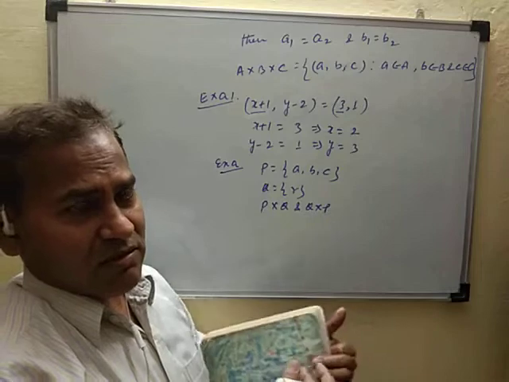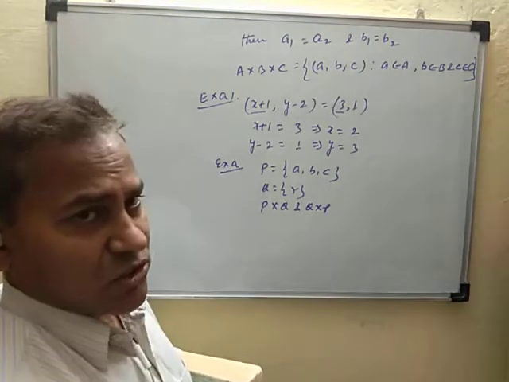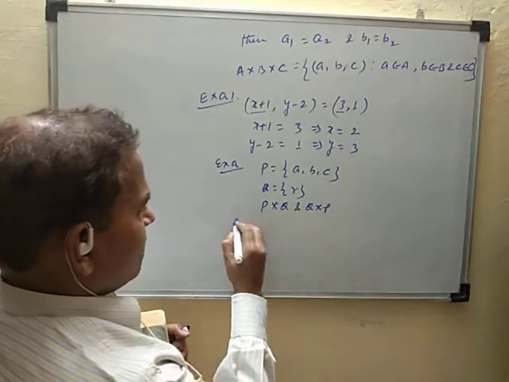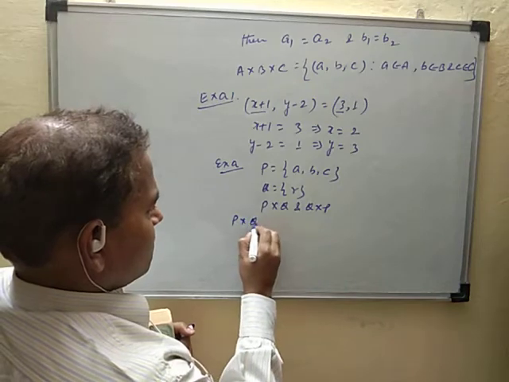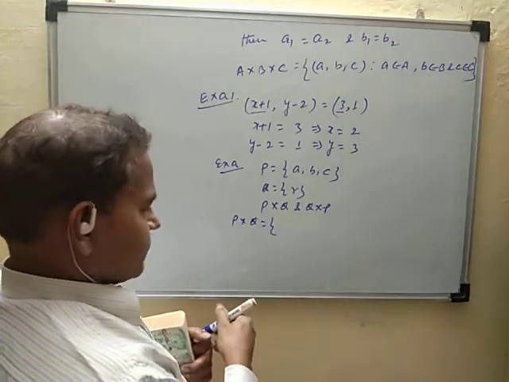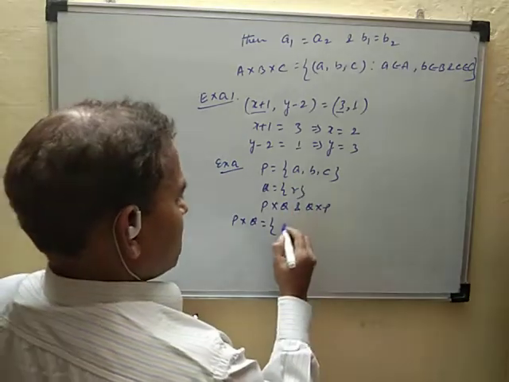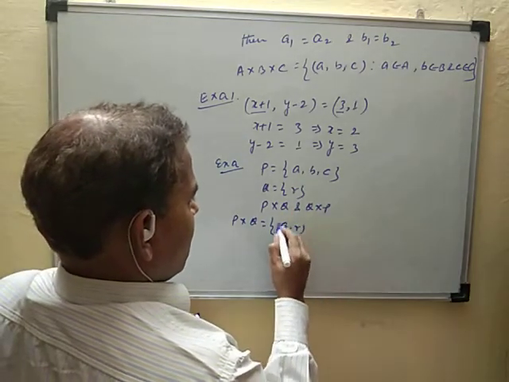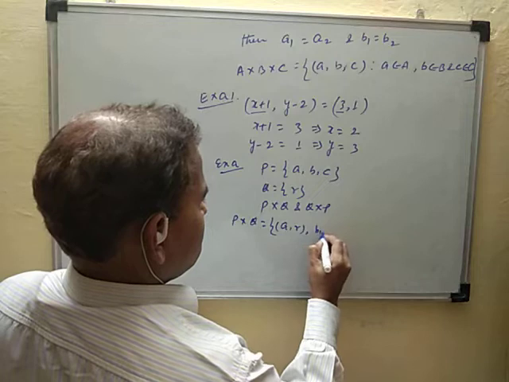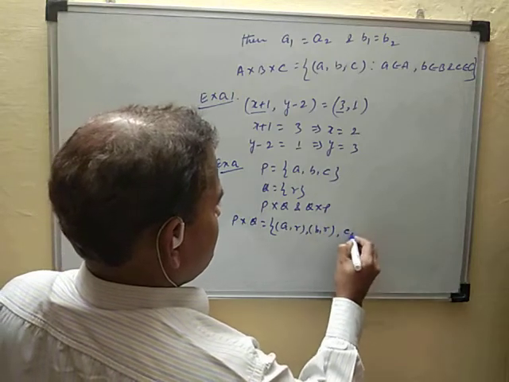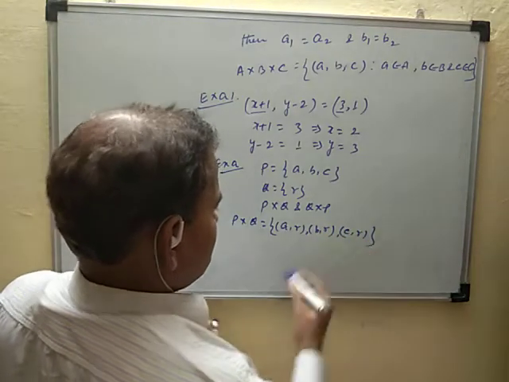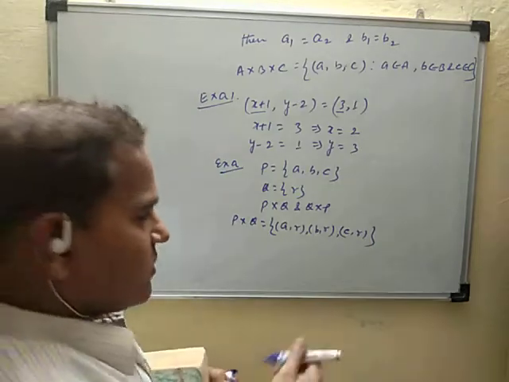So check that. First find the value of P cross Q. P cross Q, that is, the first entry of set P: so AR, next BR, next CR. This is P cross Q.